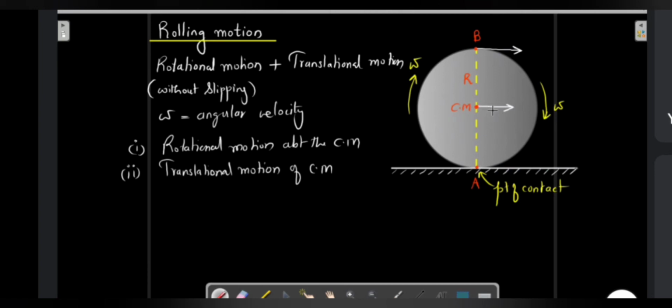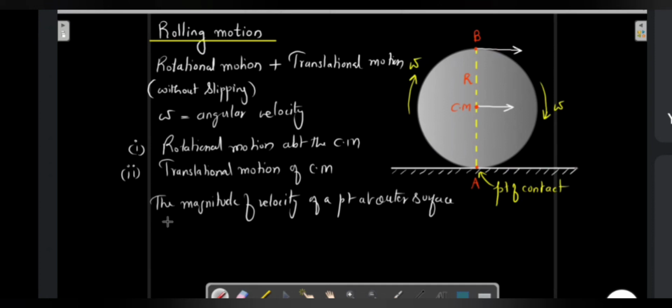Okay, so the magnitude of velocity of a point at the outer surface of a spherical body will be equal to what?